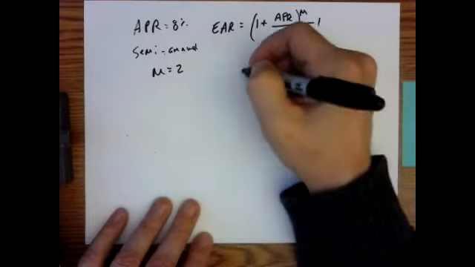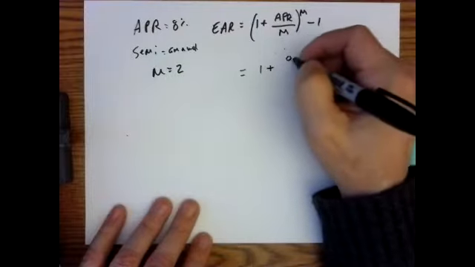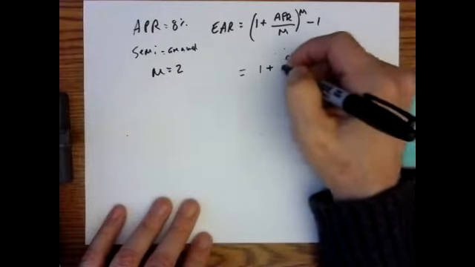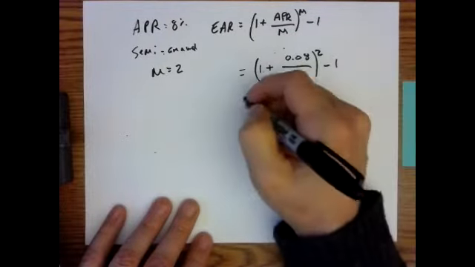So we say 1 plus, and you have to convert that 8% into a decimal, 0.08 divided by 2, squared, minus 1.